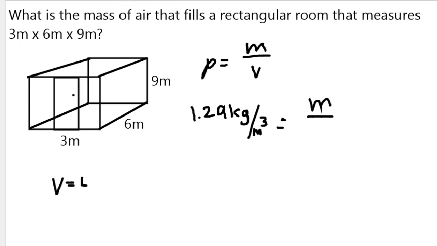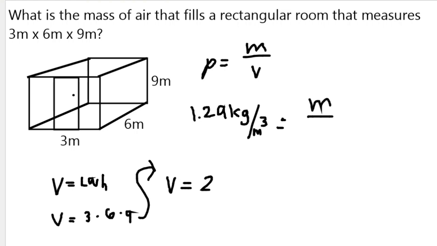The volume of a rectangular room is length times width times height. So 3 times 6 times 9. 9 times 3 first is 27, times 6 is 162 cubic meters. This is the volume of the rectangular room.